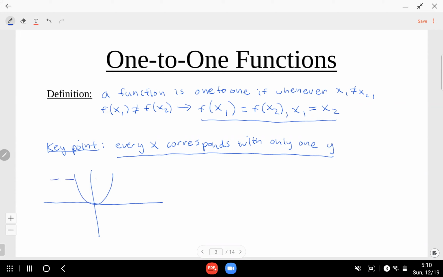So the horizontal line test is when you draw horizontal lines, and if any of them connect with two points, then it is not a one-to-one function. Some basic one-to-one functions are x cubed or just y equal to x. That's a linear function. So the main key point is that every x corresponds with only one y.